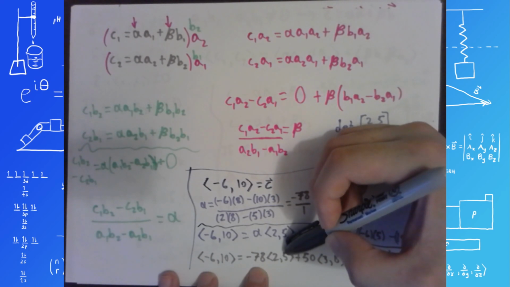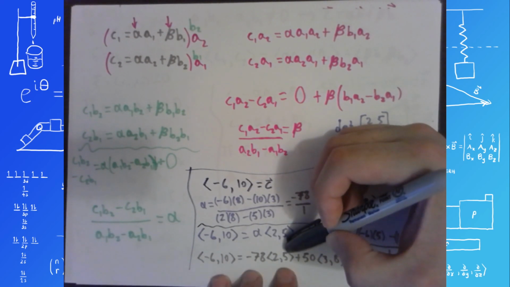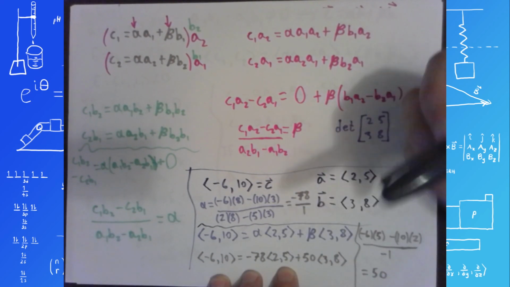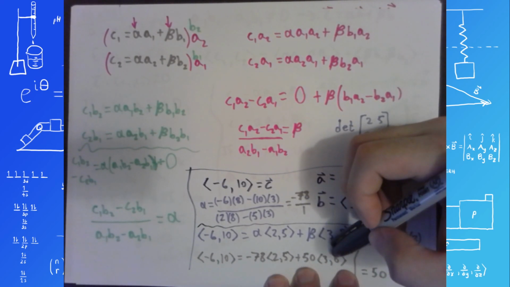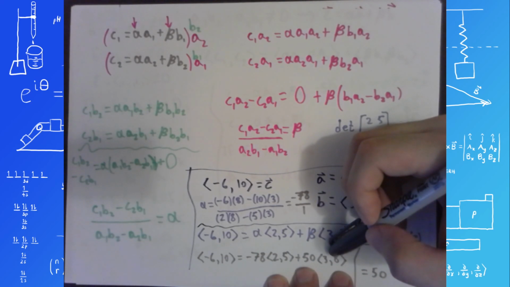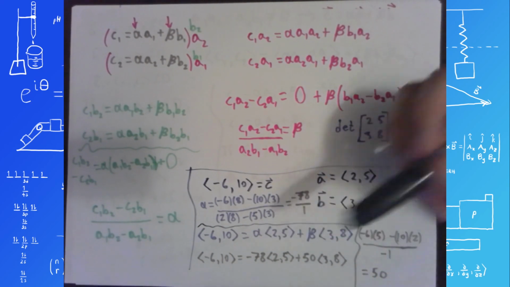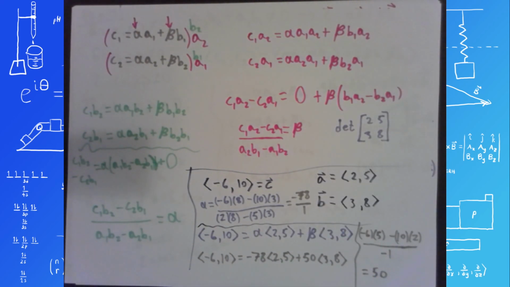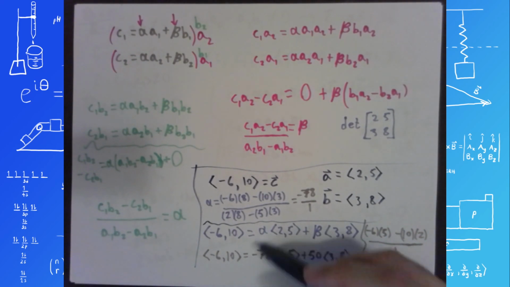And that will be negative 390. Negative 390 plus 50 times 8 is 400. 400 plus negative 390 is indeed 10. All right, it works. The numbers are pretty big.